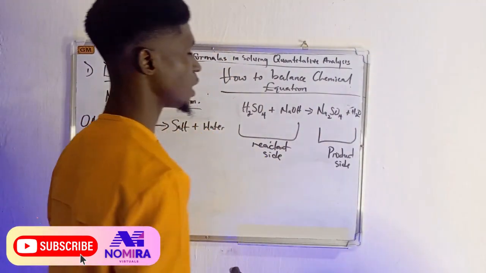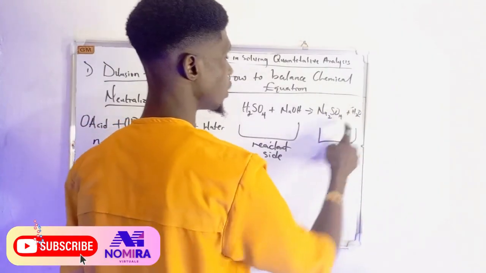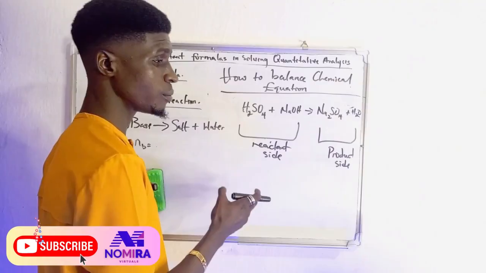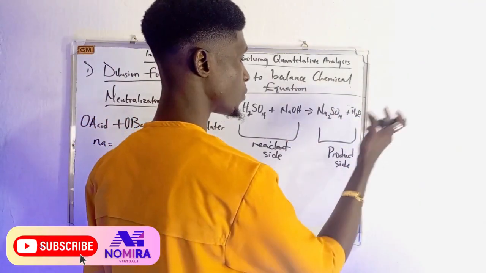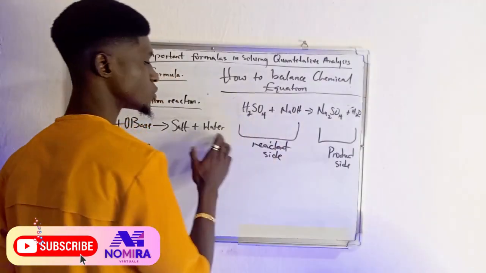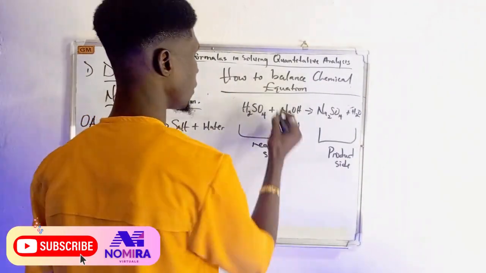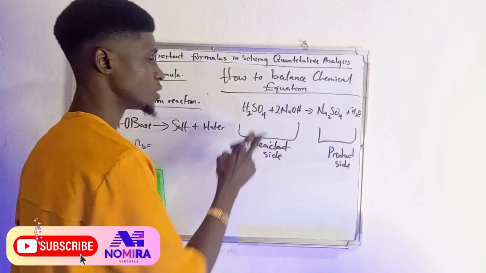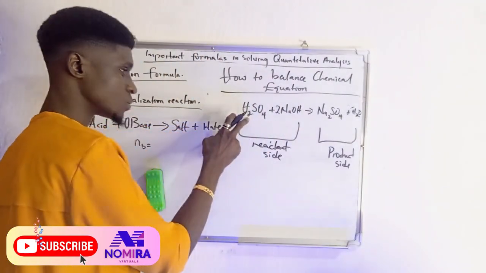On the product side, we have 2 hydrogen. So here we have 3 hydrogen, which is an odd number, and here we have an even number, 2. So we have to make this odd number become even by putting 2 here, so that 2 times 1 will be 2, then plus this 2.